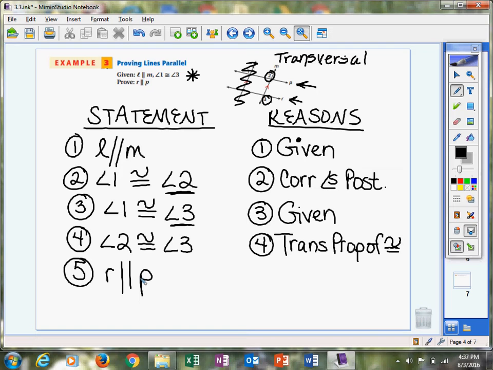What could you put there as your reason? Okay, think back to something we just used. And if you're thinking, oh yeah, Mrs. Thompson, that would be the converse, because we don't know that the lines are parallel, so we're using the converse of, and what are the angles positionally? What are they known as? The alternate exterior angles theorem.